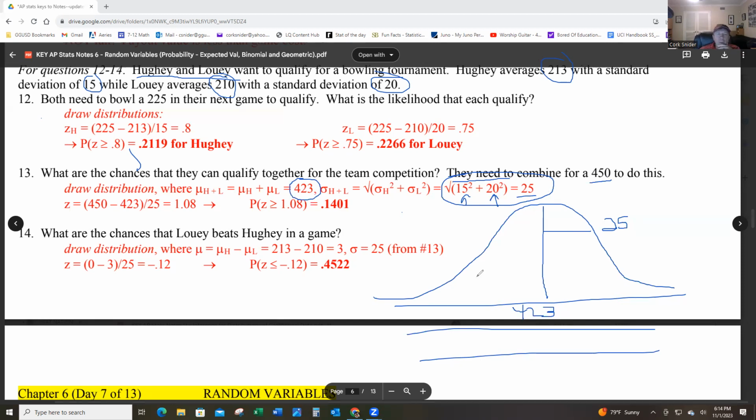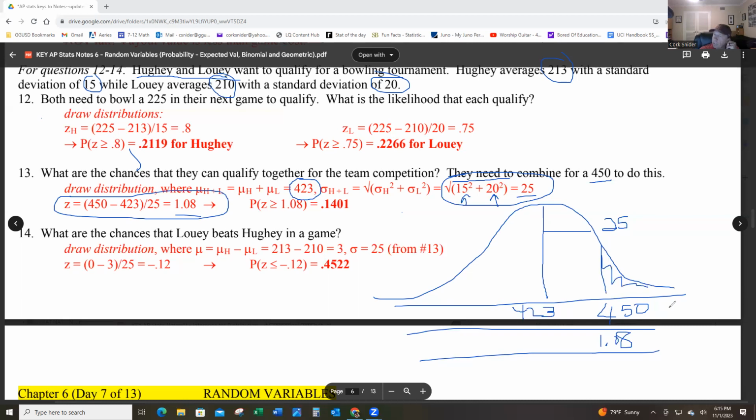You got to identify what you're looking for, and they need over 450. So let's go ahead and put 450s right about here, 450, and then execute a z-score for 450. And that z-score will be right here, okay? It's the number 450 minus 423, the mean, divided by standard deviation. So that z-score is 1.08. And then you want the area to the right of it.